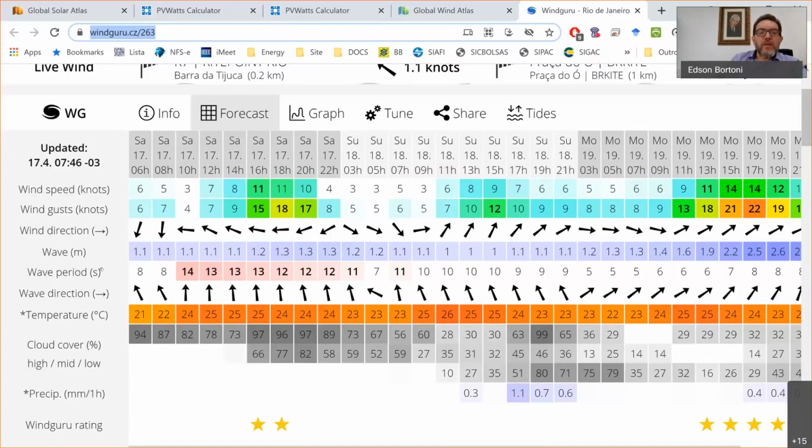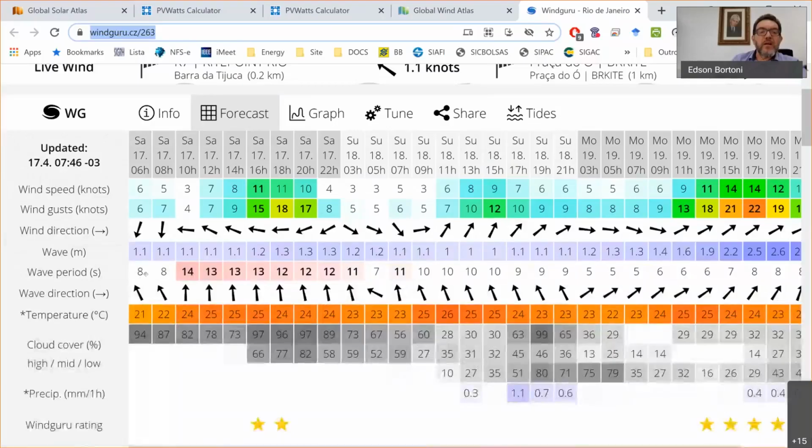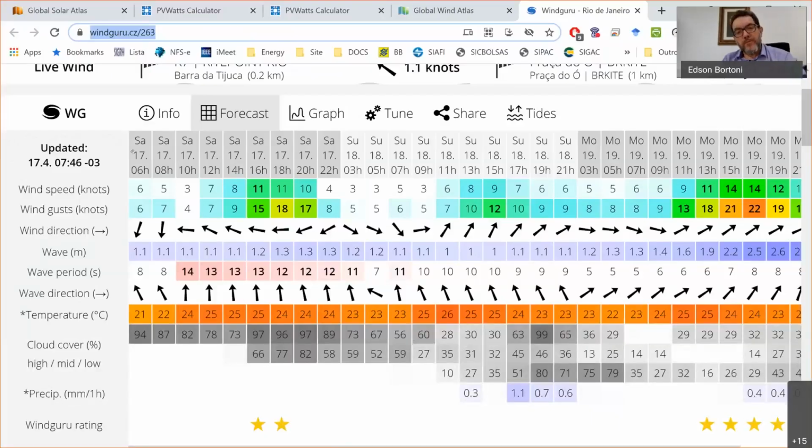And the period T between crests: 8 seconds, 14 seconds, 12 seconds, 6, 8 seconds. So all you need to calculate this equation, you have here on this website, Windguru.